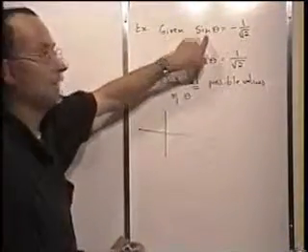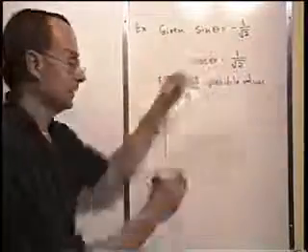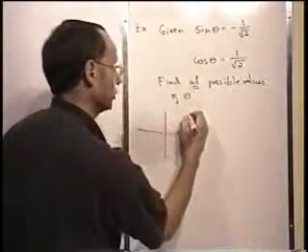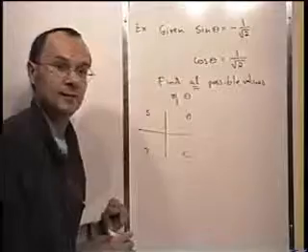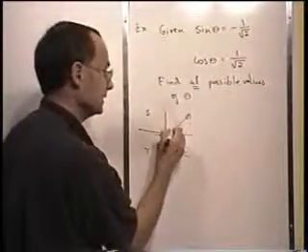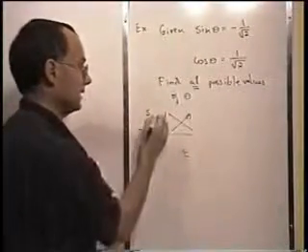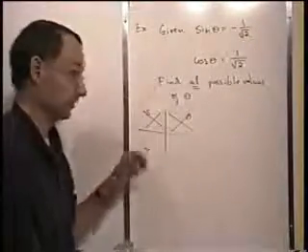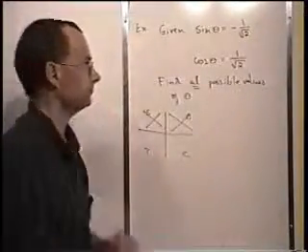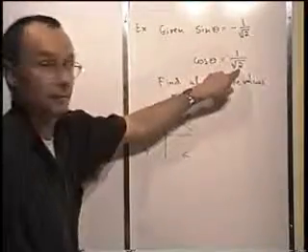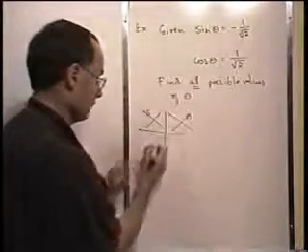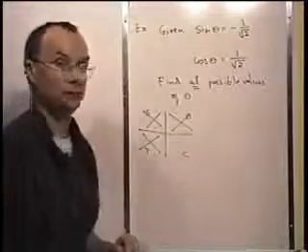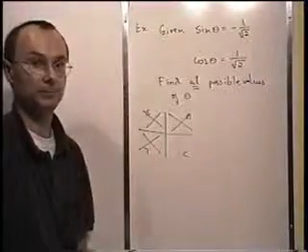For example, sine is negative. Well, let's fill in our Castro rule here. If sine is negative, I can't be in this quadrant, and I can't be in this quadrant. Okay, so we got 50% of the quadrants gone. Cosine is positive. Cosine positive, can't be in that quadrant. So I know I'm in this quadrant.